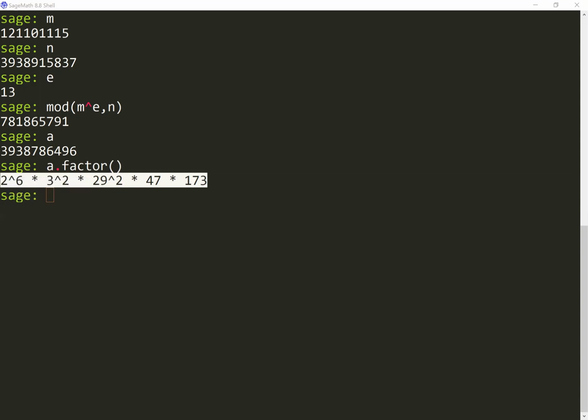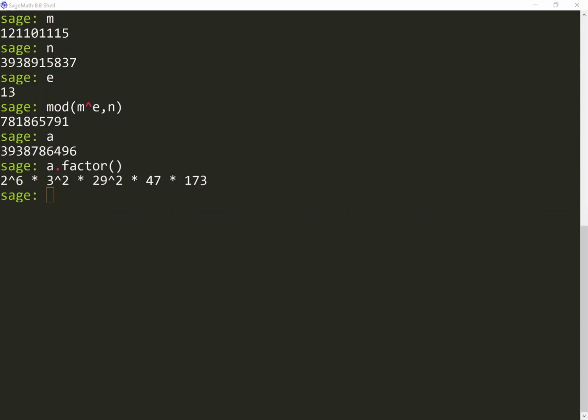Now we solve this equation: 13d congruent to 1 mod this number. We use some number theory technique.